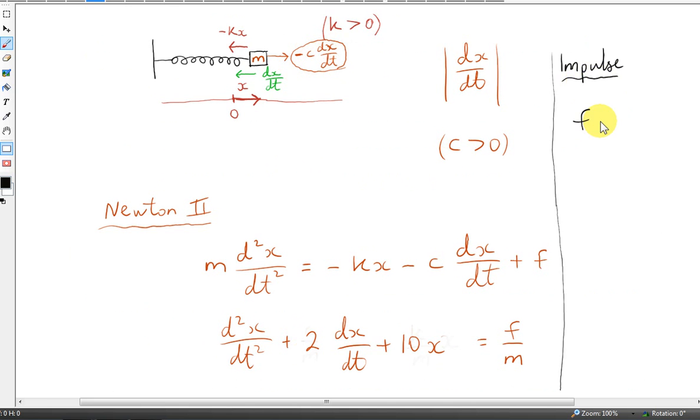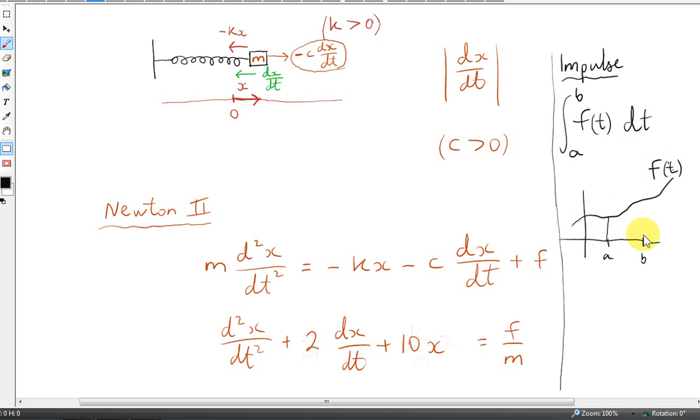Well, if a force, say f of t, acts for a certain time, the impulse imparted by that force is got by integrating this force over the time interval for which it acts. So if it acts for a time interval from a to b, then this here is the impulse imparted by the force over that time interval. So suppose our force function looks like this.